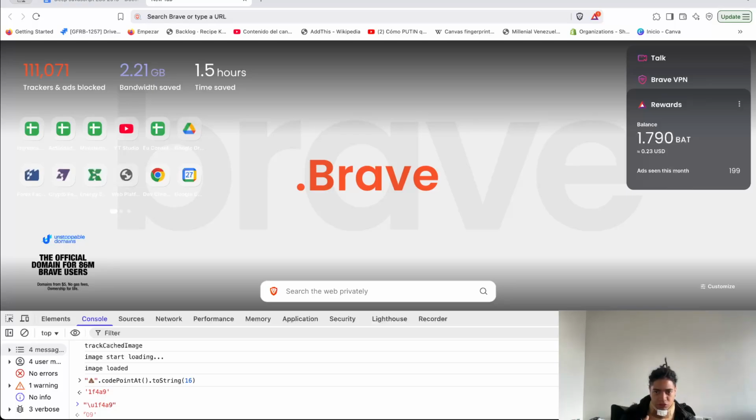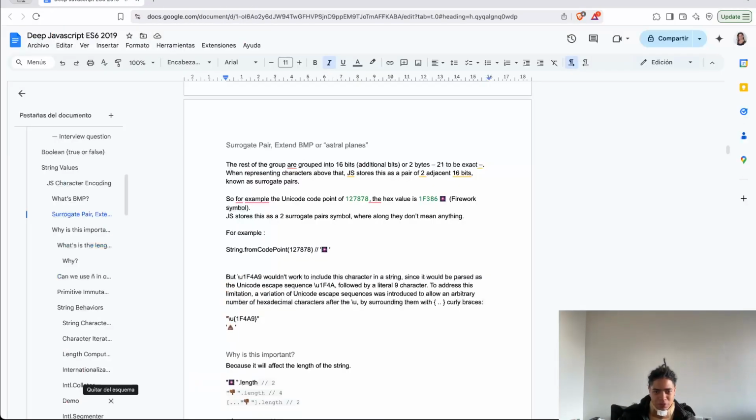So to prevent this and take more than 4 characters, we now use the curly braces here, and we can now render our poopy emoji, right?